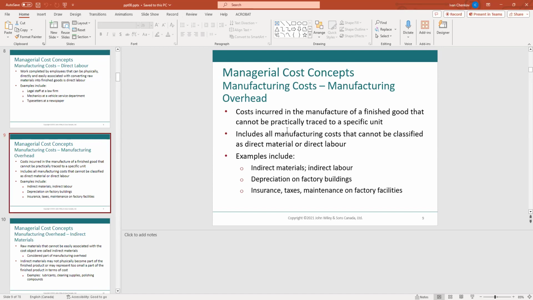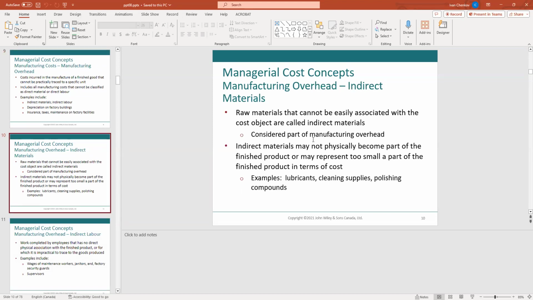Manufacturing overhead is any indirect material or indirect labor. Those are the costs of the finished good that cannot be easily traced to the specific unit. Indirect material is the material that cannot be easily traced.